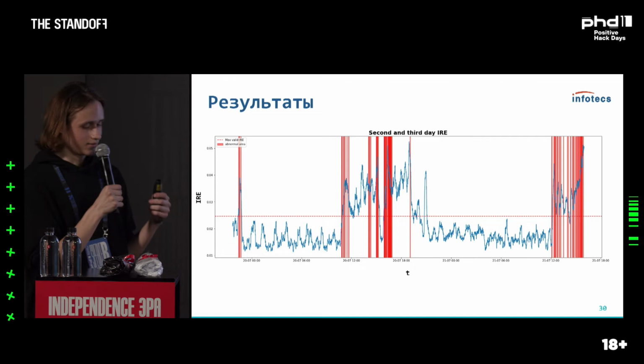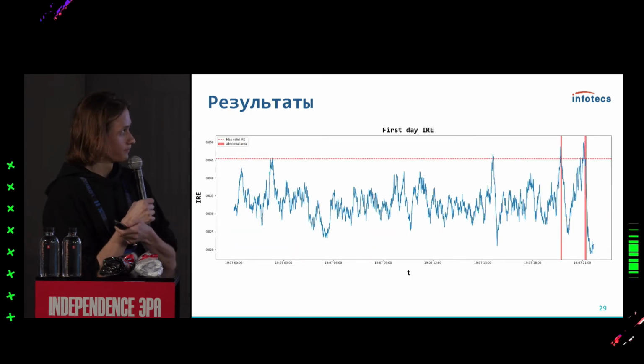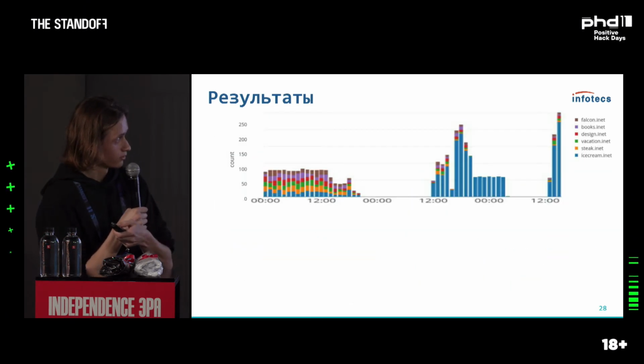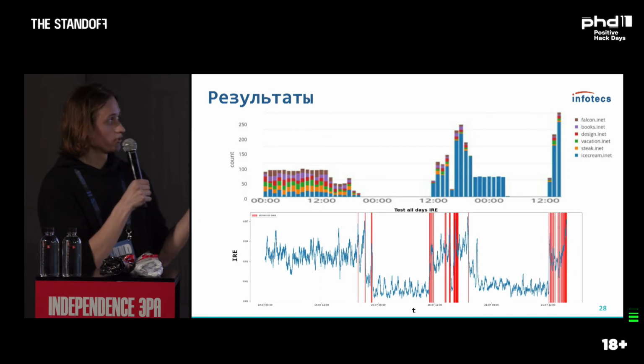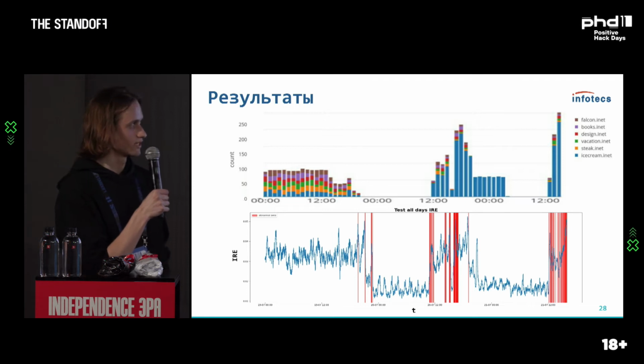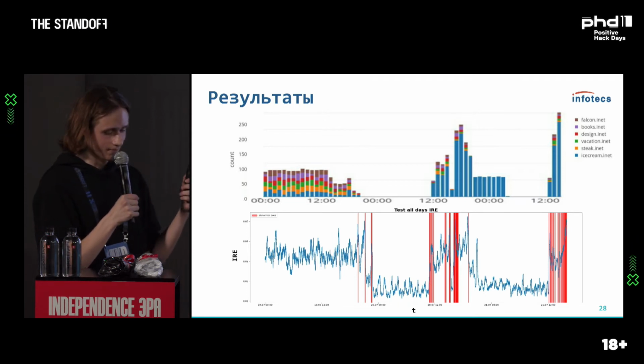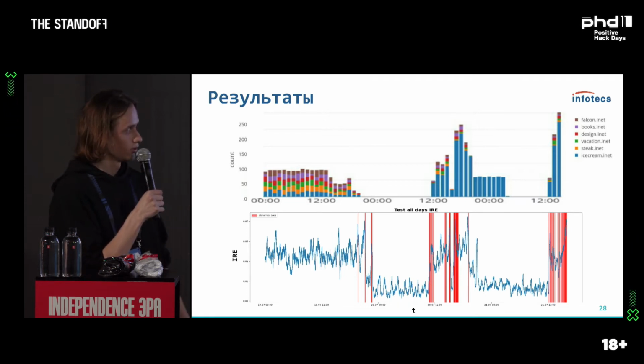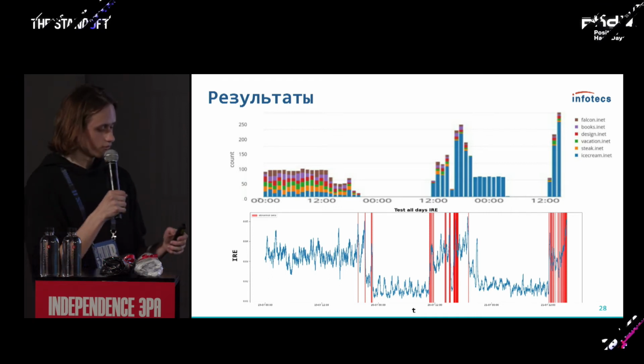Let's focus our attention on the following fact. If we take a look at the first bar chart, we'll see that just by the activity of the users, we can identify where the interaction with the server occurred.